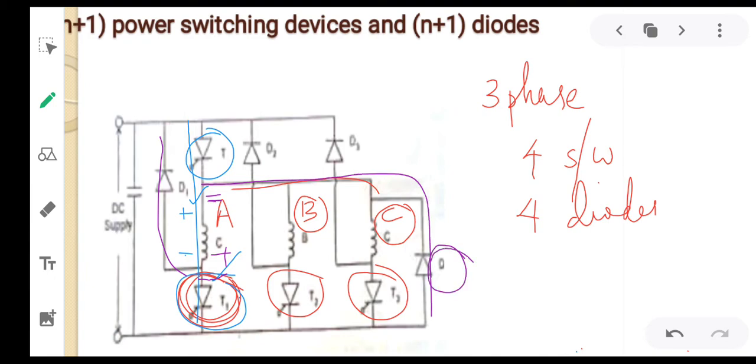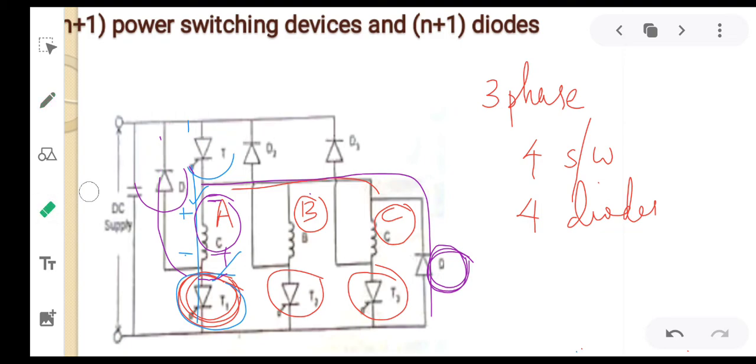So now this D is common. While discharging of phase A, you can see that this diode D1 and this D are coming into role. Now for the discharging of phase B, what will be the direction of the current flow?